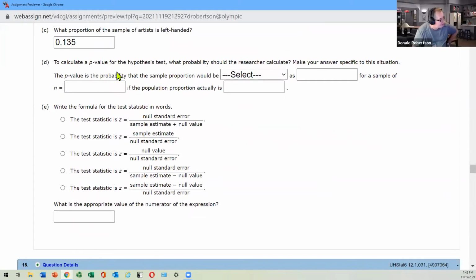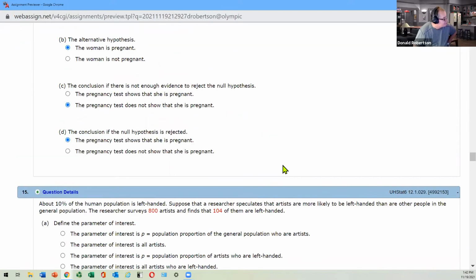So if I was trying to calculate the p-value, isn't the p-value the probability that the sample proportion would be the same as 0.10 for a sample size of 800?